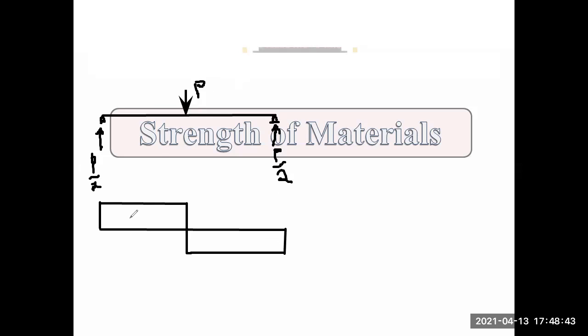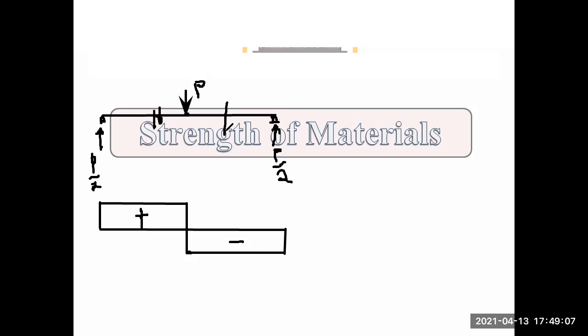The positive and negative is based on our textbook assumption. When you see a shear force diagram, most of the textbooks adopted this convention. So we know that if you take a section here, the shear force is downward. Why? Because we have assumed that downward is positive. If you take this zone from here to here, the shear force is negative.